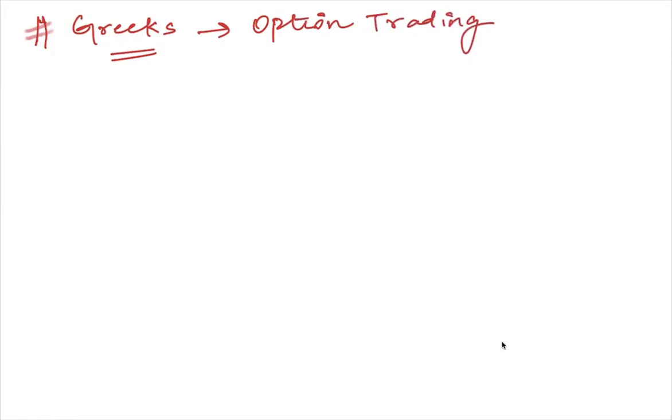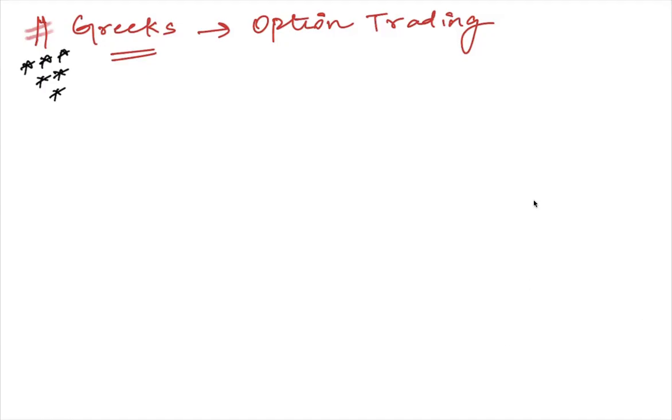It's also very important from an interview perspective. If you are going for any quant finance interview, it is for sure that they'll ask you certain questions on Greeks. So it's a very important topic. Let's understand what Greeks are.